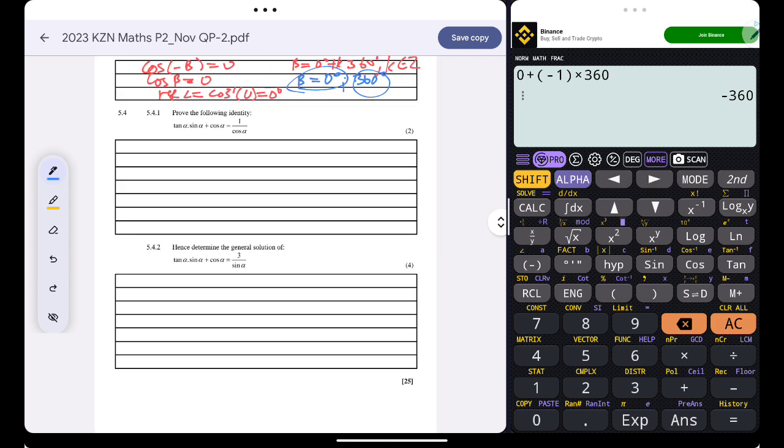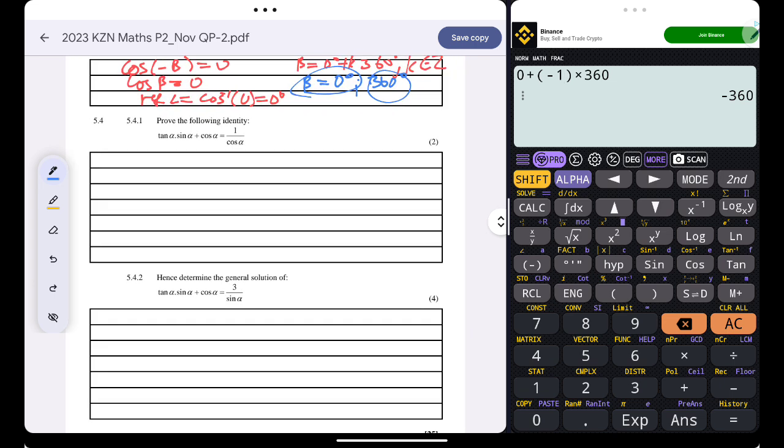Okay. And then I'm supposed to prove the following identity. I'm going to simplify the left hand side because it's the most complicated side, right? For me to work easier here, I must always change everything into sine and cos.